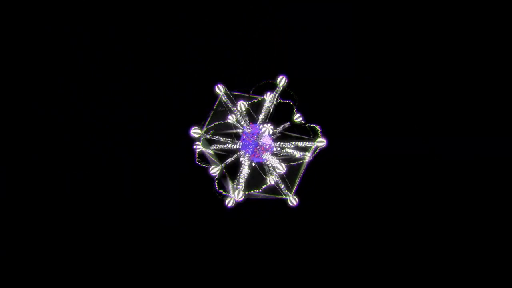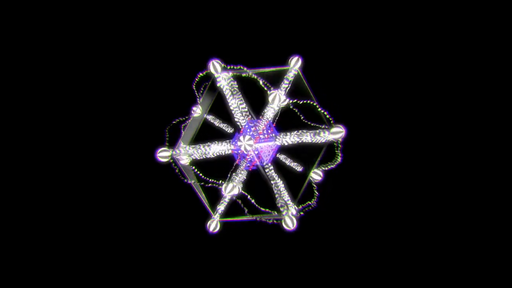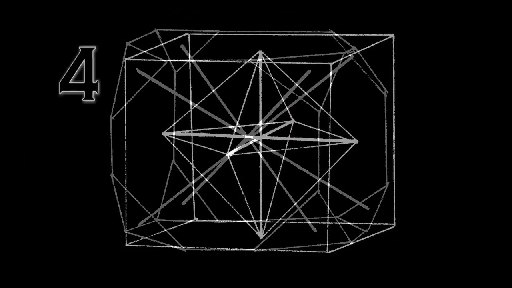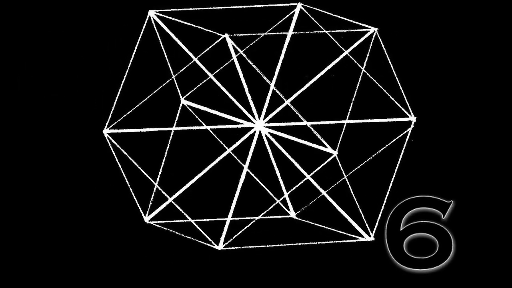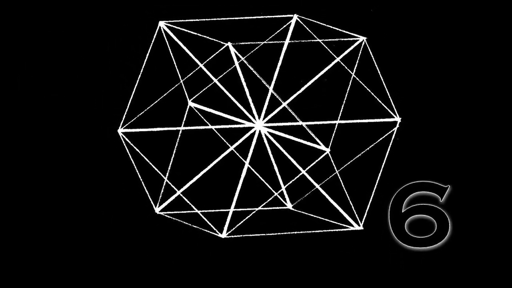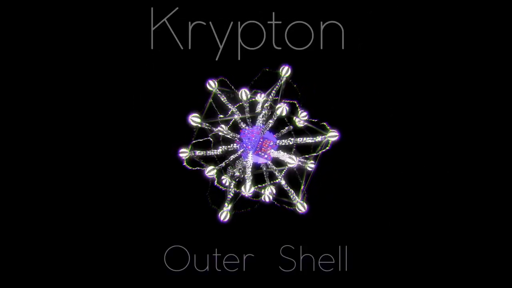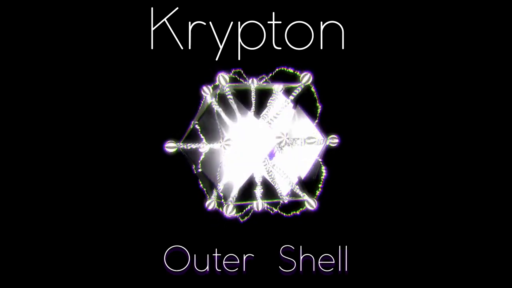At rest mass, the electrons spin like gyroscopes following polyhedral geometry, primarily based on 3 axes of symmetry, 4 axes of symmetry, and 6 axes of symmetry. This is also seen in crystallography. The electrons are located at either a polyhedral vertex or at the center of a polyhedral face.